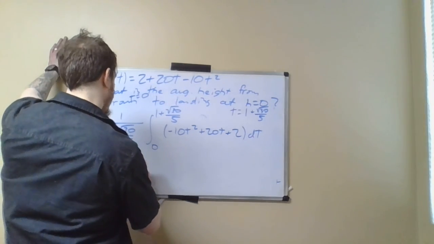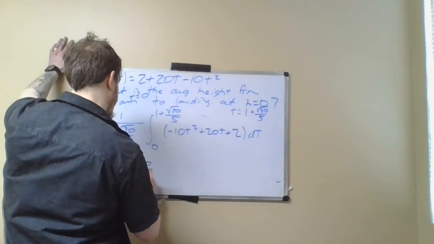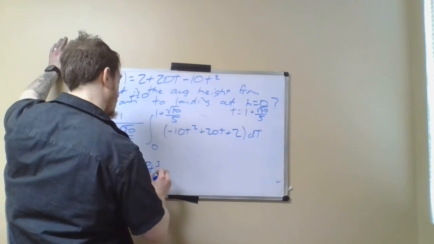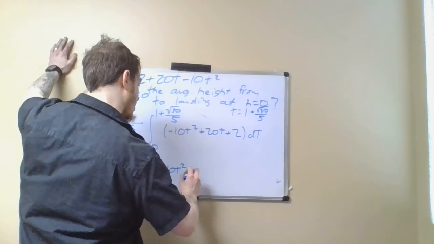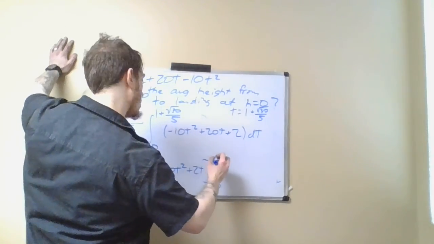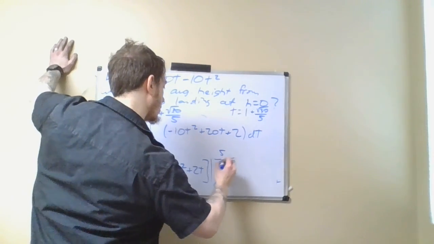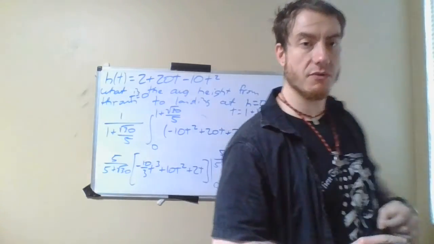And then this is going to be times negative 10 over 3 t cubed plus 10t squared plus 2t, evaluated from 0 up to 5 over 5 plus square root 30. And now it's just a matter of evaluating this.